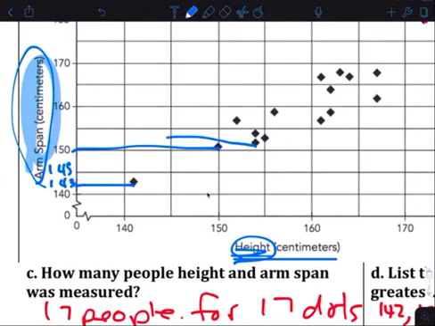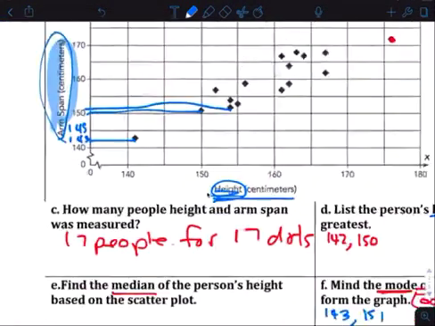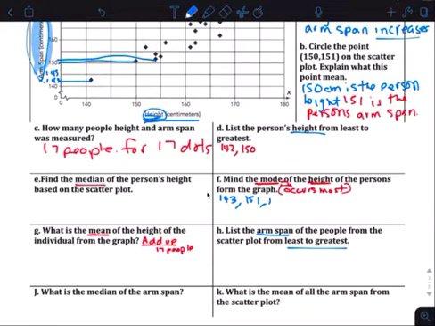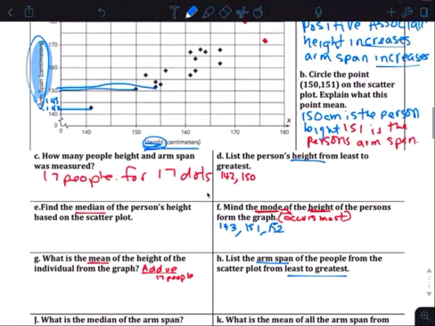Right here, it's 152. And right here in the middle, 153. Right there, 154. Not quite on 155 yet.